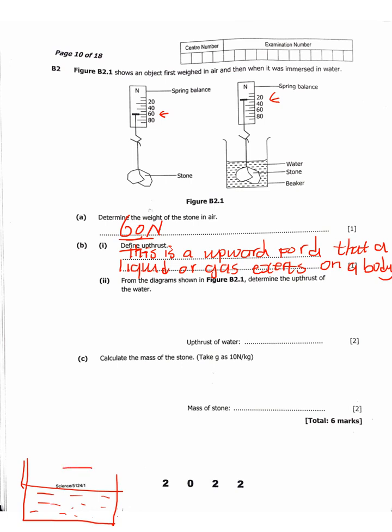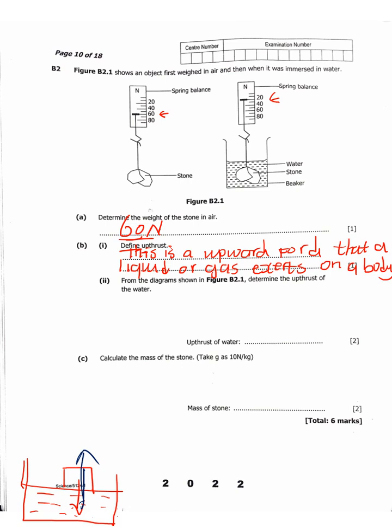If we place a stone here, there will be some force of gravity, or we can say the weight of this particular stone will be pushing downward. Then also there will be another force produced by this water now pushing upward. So that is what we call the upthrust.